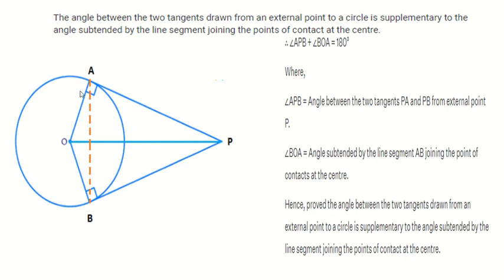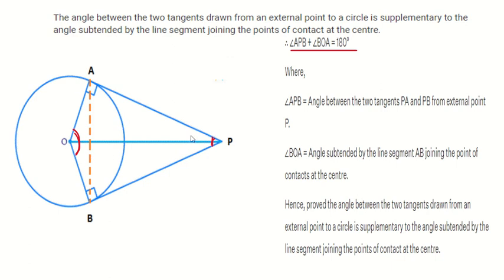What they are trying to say here is that angle APB and angle BOA always add up to 180, or supplementary. If I add these two angles, I'll get 180 degree.